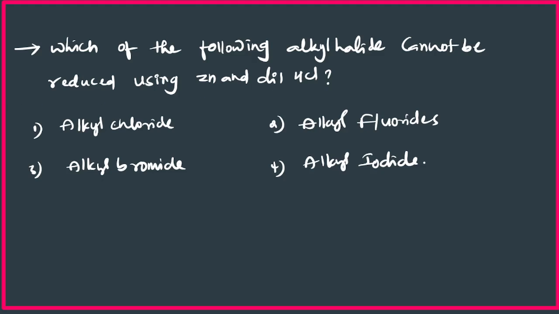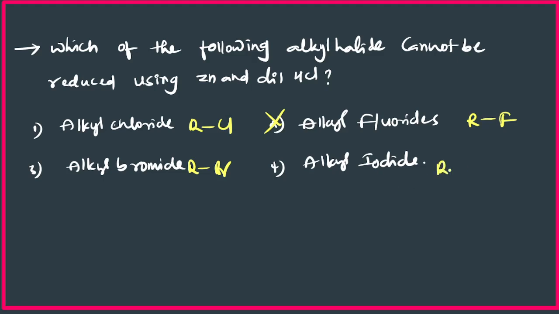Have a look at the question. Which of the following alkyl halides cannot be reduced by zinc and dilute HCl? Which is not reduced? Alkyl chloride reduces to alkane. Yes. Alkyl fluoride, does it reduce? No. Alkyl bromide can reduce to alkane.